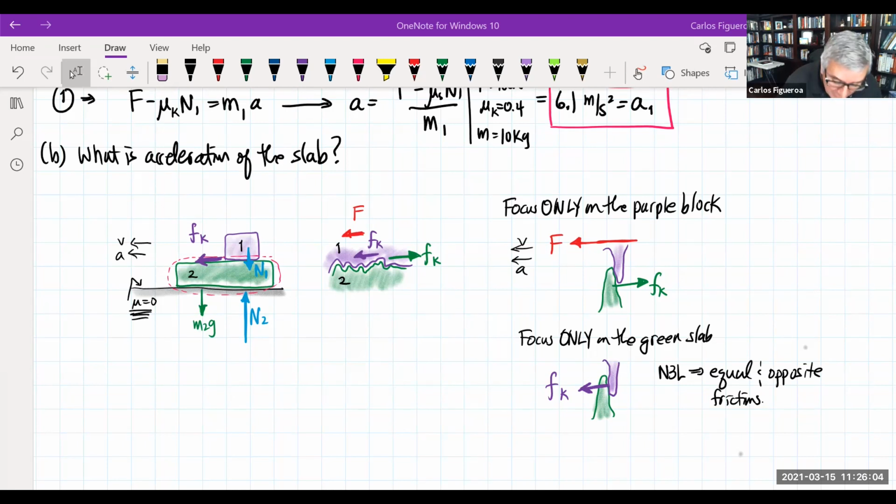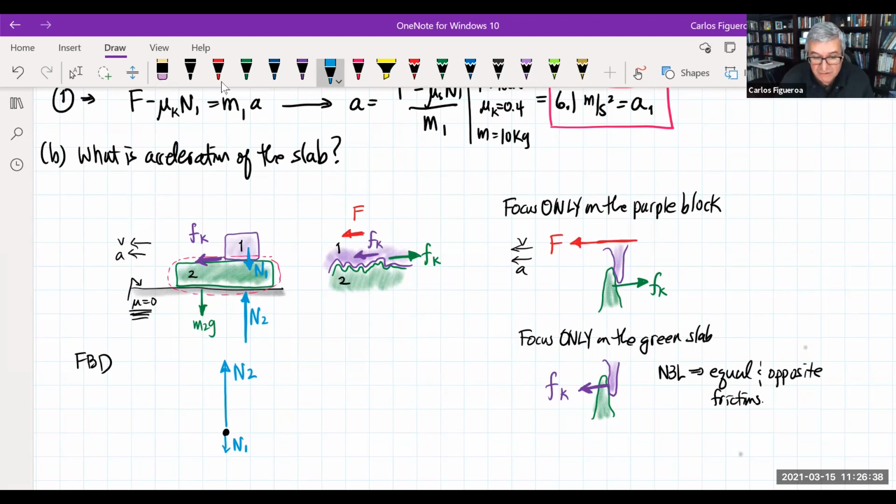So now, if I look at this thing here, now my free body diagram tells me that it has to look like this. So I have my normal. And then I really have a second normal, which is the contact between block 1 and 2. That's what we call a surface force. And because this thing is perpendicular, it's a normal force.